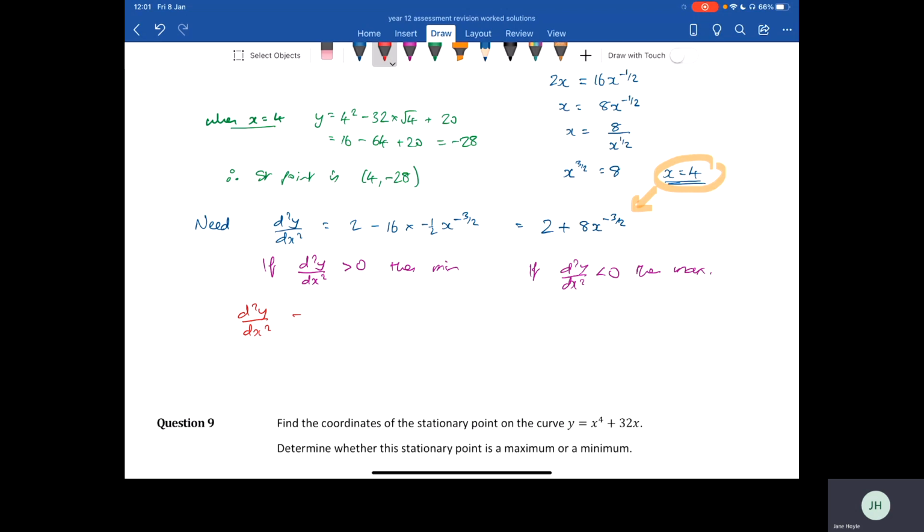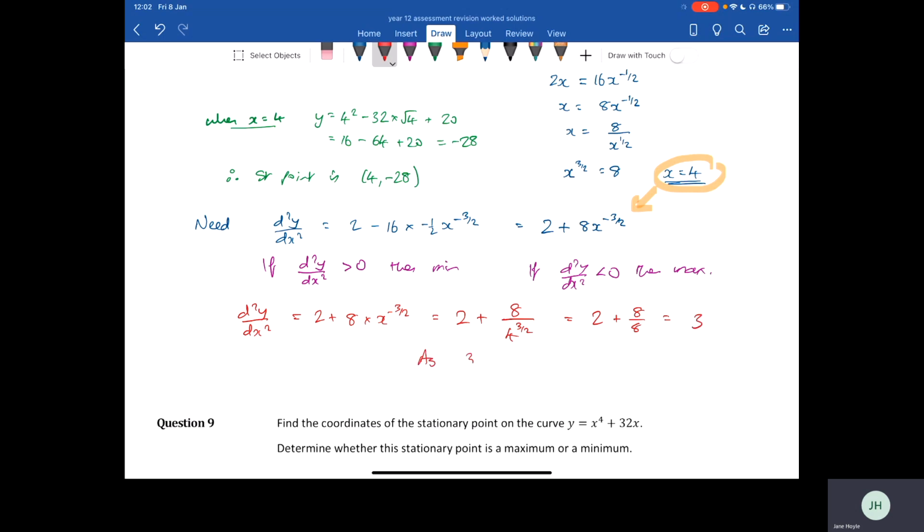Here, d2y by dx squared is equal to 2 plus 8 multiplied by x to the power of minus 3 over 2. And if I write it like that, that's very obvious, isn't it? Because everything there is positive. But if I just go ahead and evaluate that, I'd have 8 over 8 there, which is equal to 3.